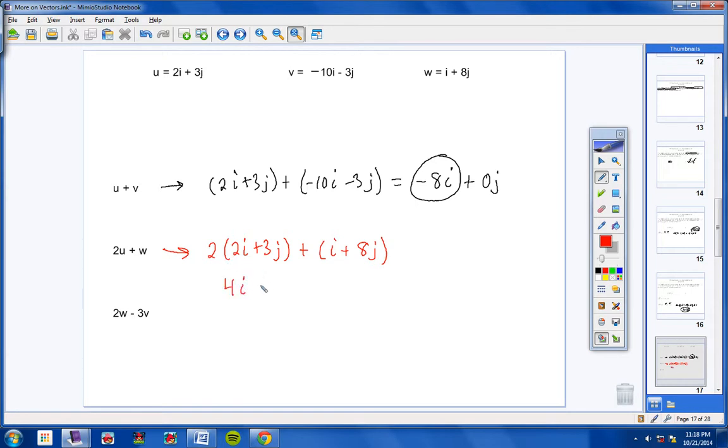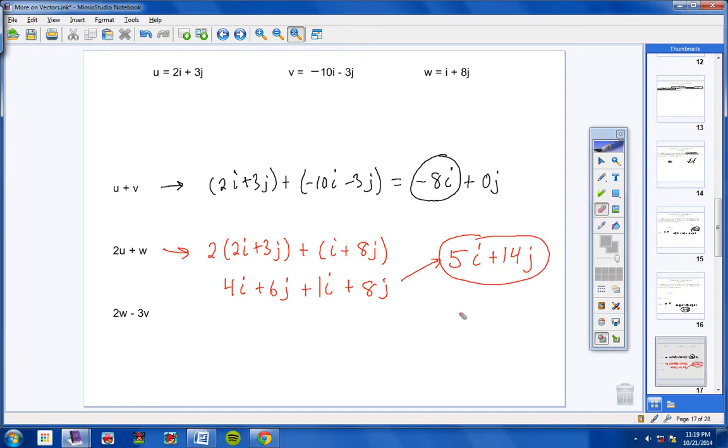So 4i plus 6j plus, excuse me, plus i plus 8j would equal 5i, because 4i plus 1i is 5i, and then 6j plus 8j would be 14j. Okay, there we go.